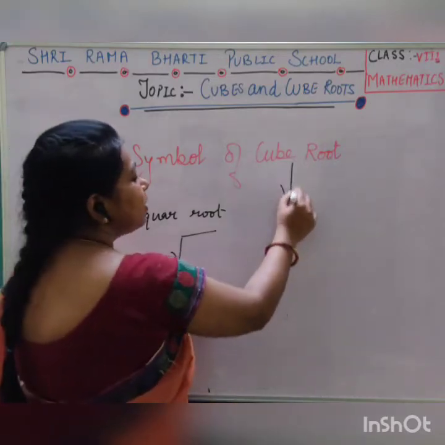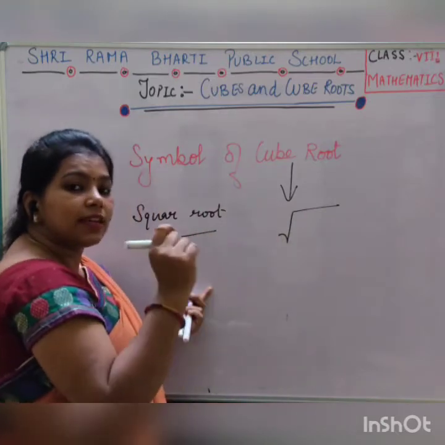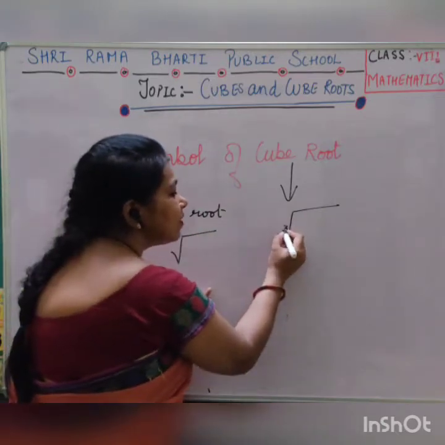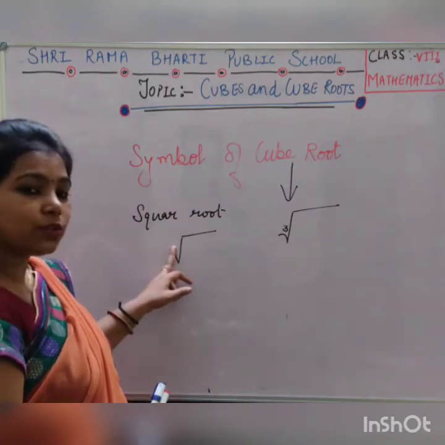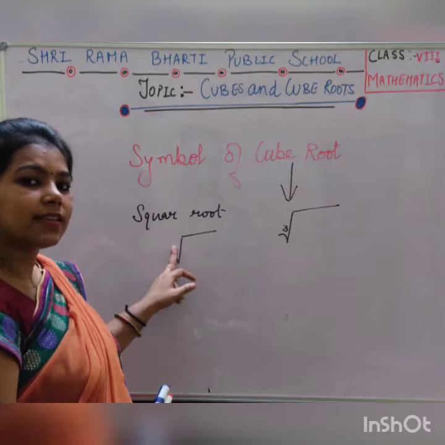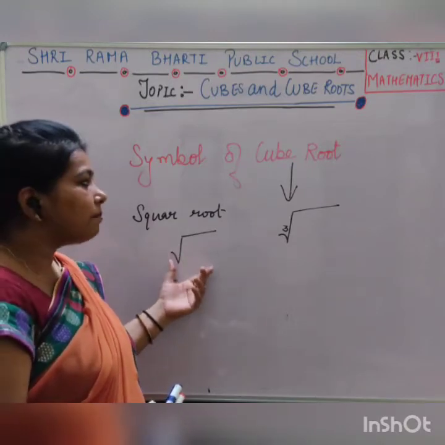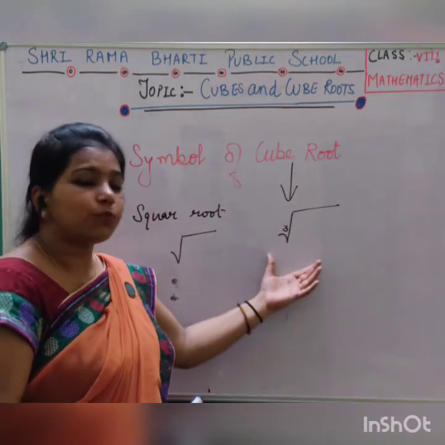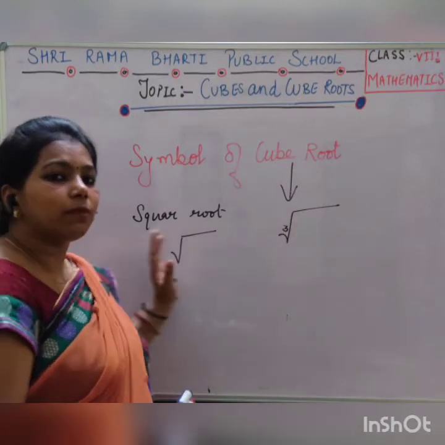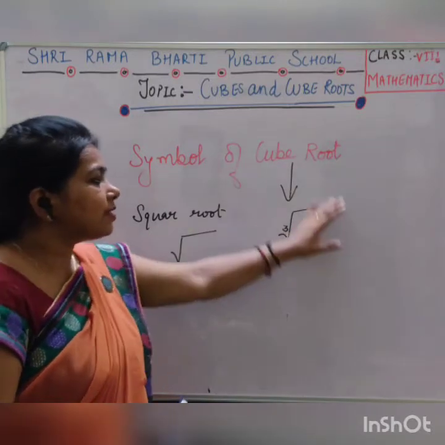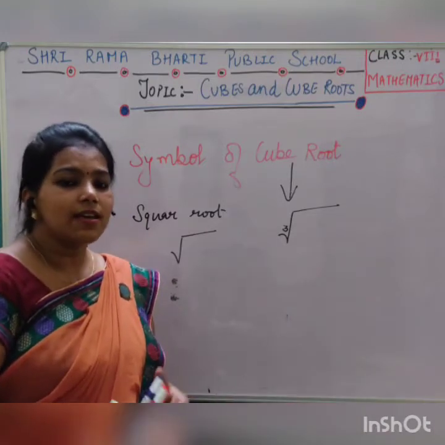So the symbol of cube root will be this, but there is a slight difference. Here we will write 3. In square root also 2 is there, but since it is not necessary, we are not showing it. But for cube root we have to write 3 here to differentiate it from the square root. So this is the symbol by which we denote cube root of a given number.